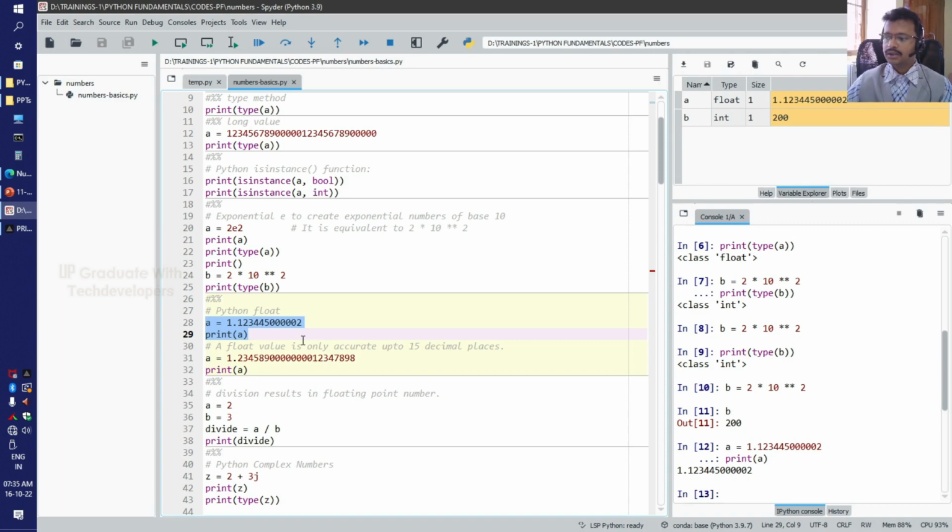After that, it rounds up the number. For example, here I have entered a floating point value with more than 15 digits after the decimal point. Let us print this variable and see what happens.